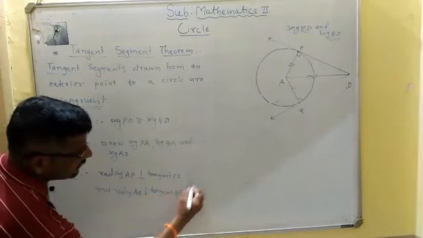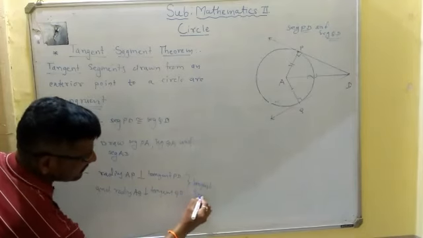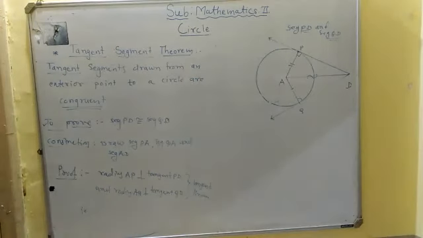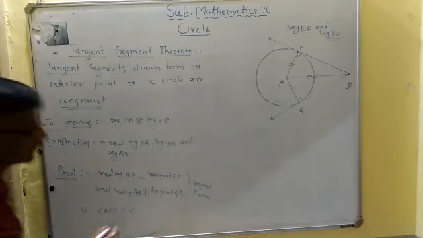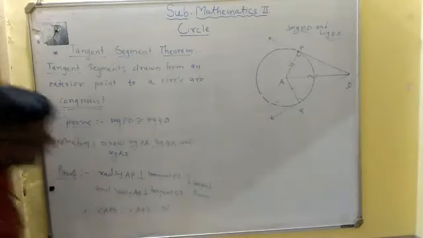The reason is the tangent theorem. That means here we write angle APD is equal to angle AQD is equal to 90 degrees.